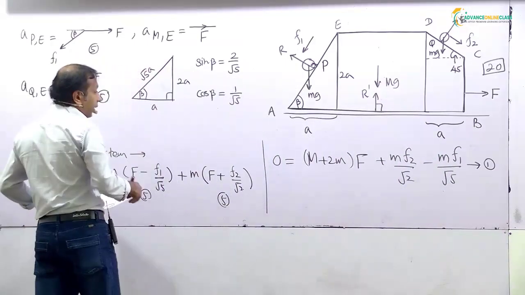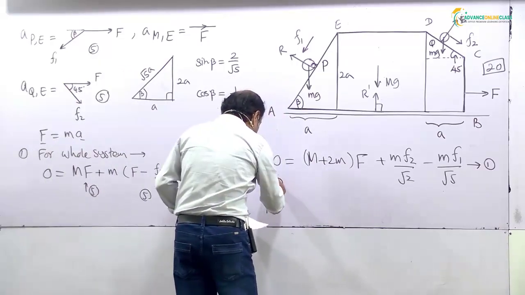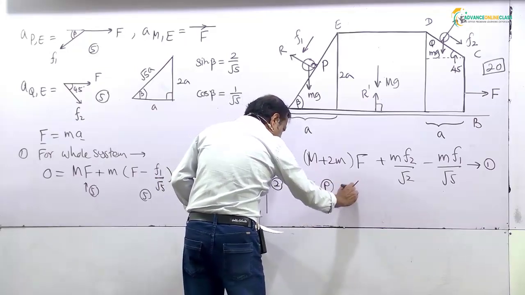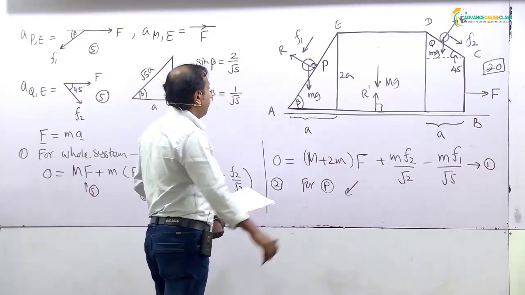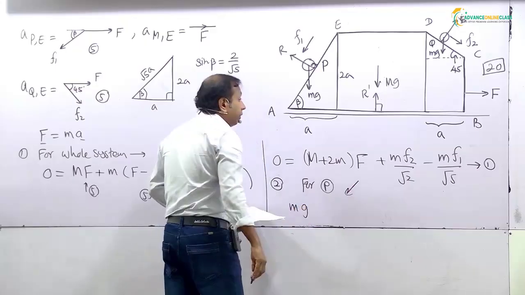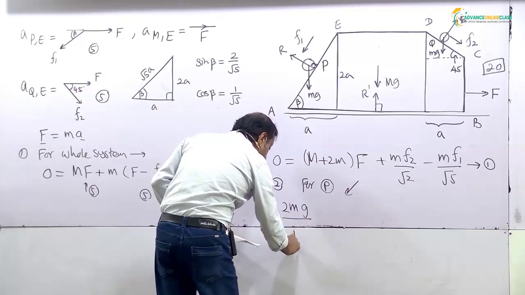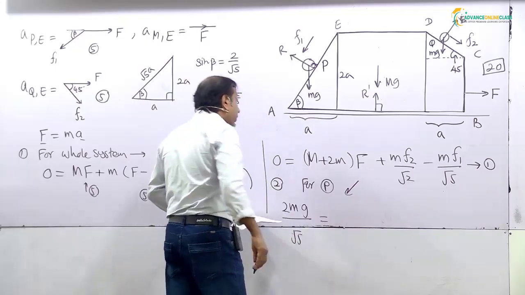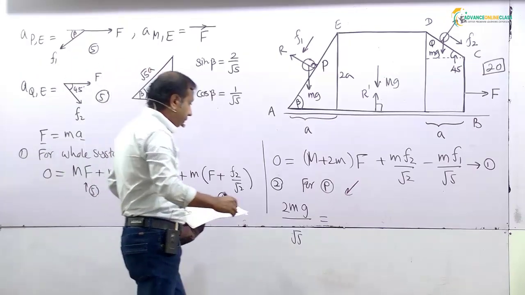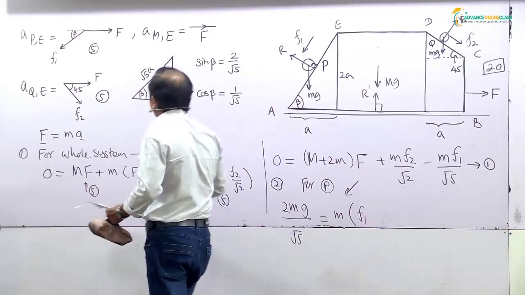Second one, we take F equals MA for P this way. Mg sin beta force. Sin beta is 2 over root 5, so 2 mg over root 5. Mg sin beta equals m times the expression for F1.